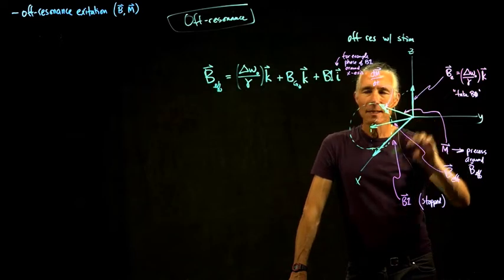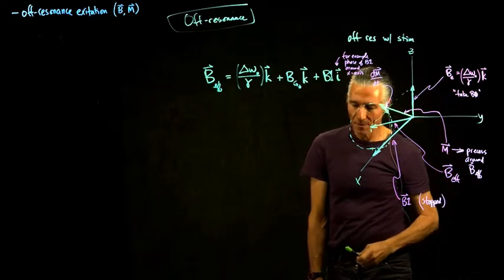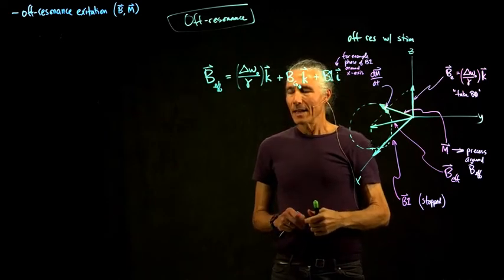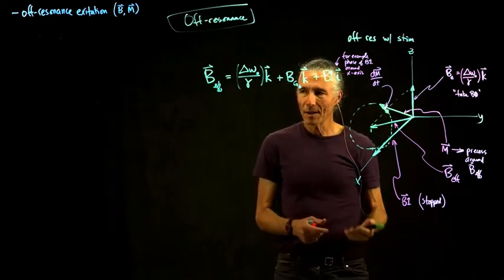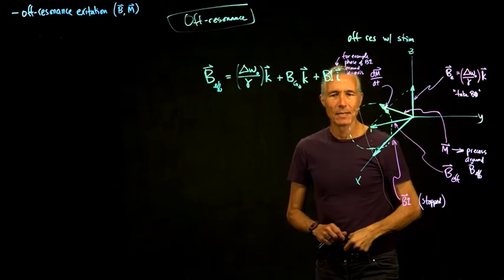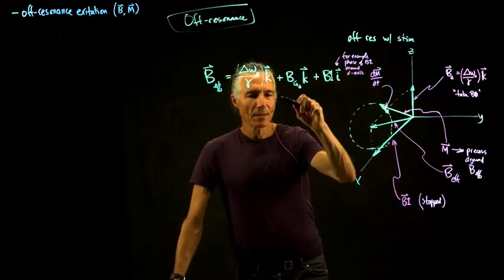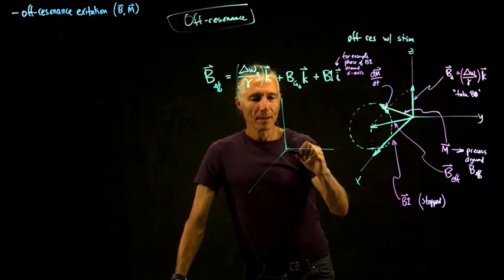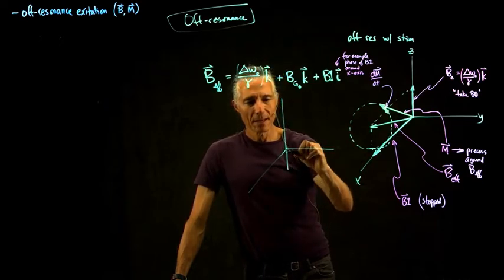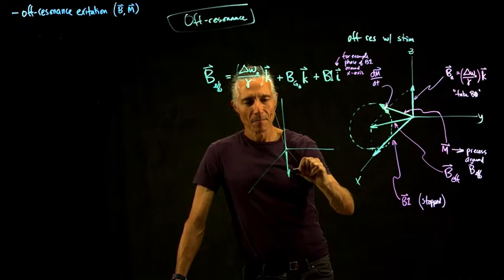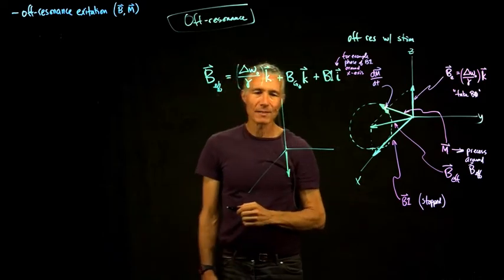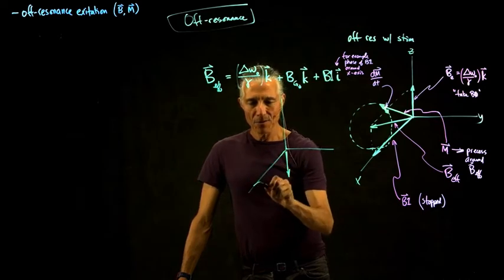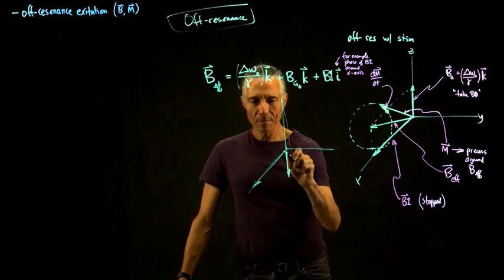But now what if instead of having the off-resonance system set to a too low frequency, we set it to a too high frequency? Now we would have the other possible situation, which is there'd be a fake BZ vector that was negative, and then we would add that on to our stopped B1.